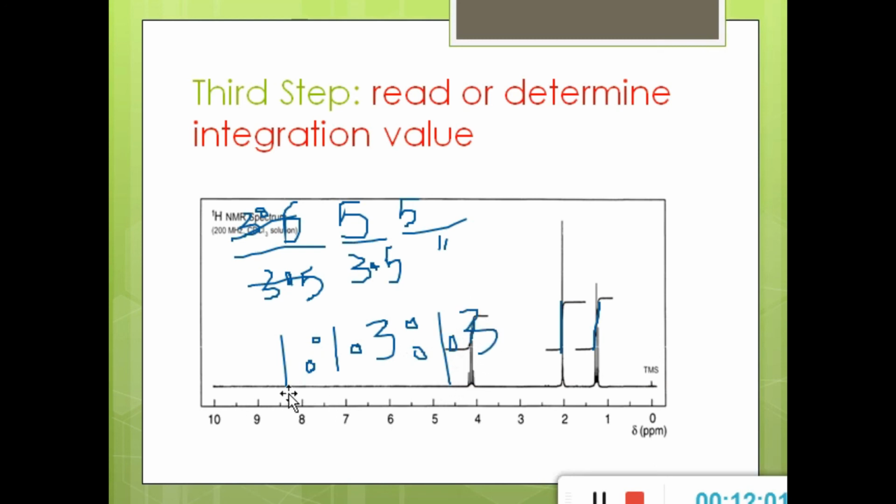Then we have to multiply. If there are decimal points like 1.3 and 1.2, we have to convert them into simple whole numbers, so we multiply them by 3 so that we get whole number values.